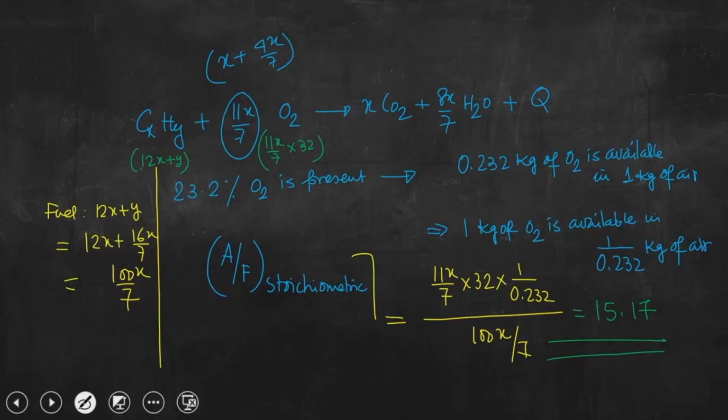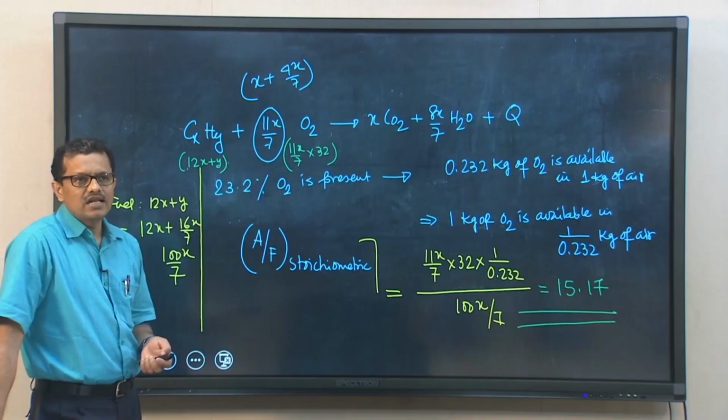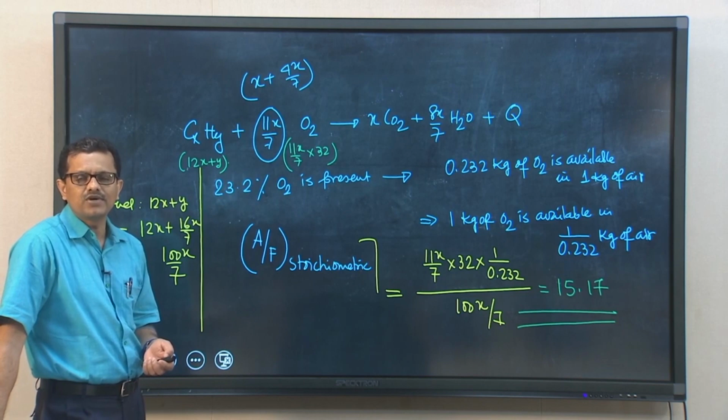So, this is the process of calculating the stoichiometric equation as well as the stoichiometric air fuel ratio. Another problem that we will solve today is again from the carburetor, and in the last few classes we had tried to establish the expression of mass flow rate of fuel and mass flow rate of air.